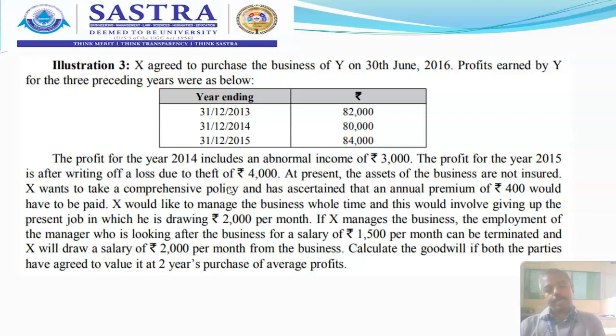Then we also have the manager's salary, which Mr. Y has paid every year, 1,500 rupees every month. So it is a common expense which he has made, but now Mr. X, when taking over the business, is going to stop the manager's salary. The manager will be eliminated.